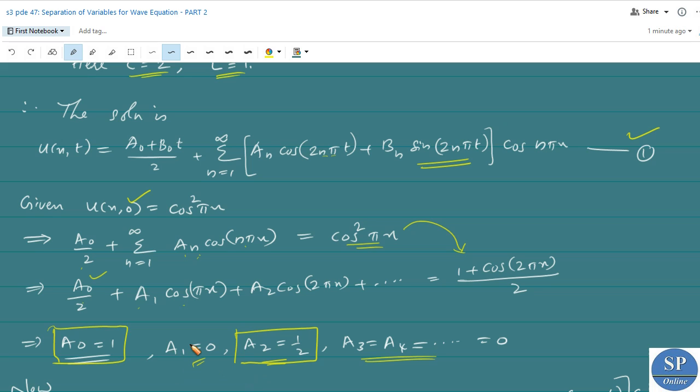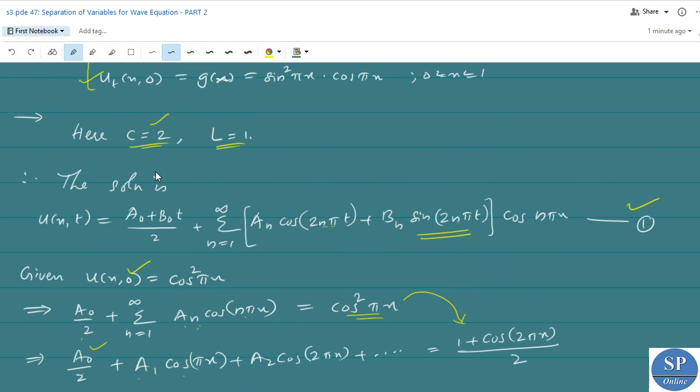Now next our aim is to find b_n. For that we apply the second initial condition, u_t(x, 0) equal to g(x), which is sine square pi x into cos pi x. To apply this, we have to find the first derivative of u with respect to t.